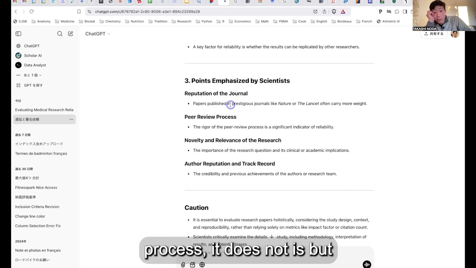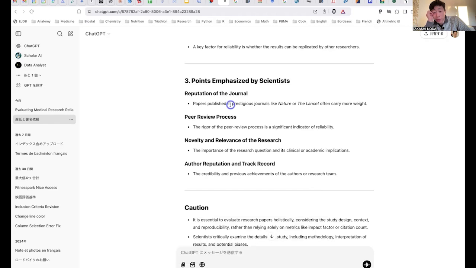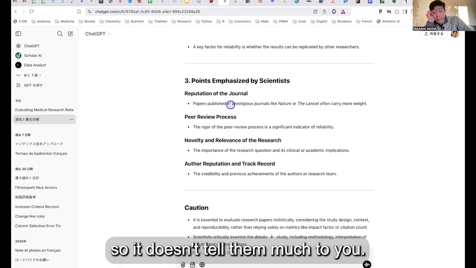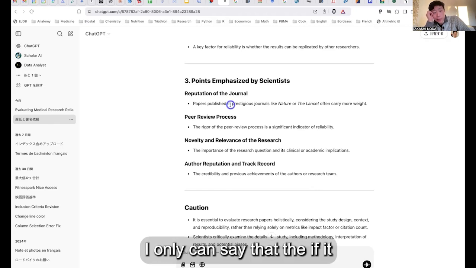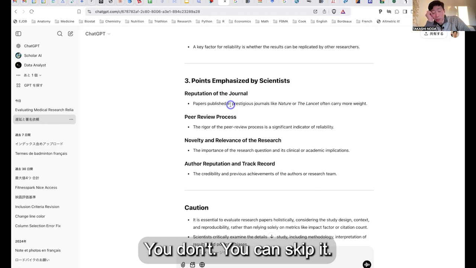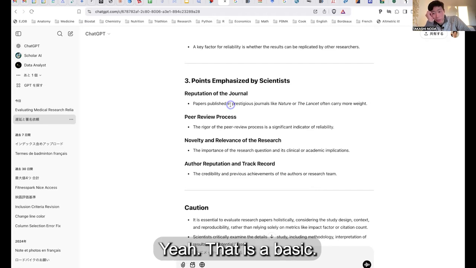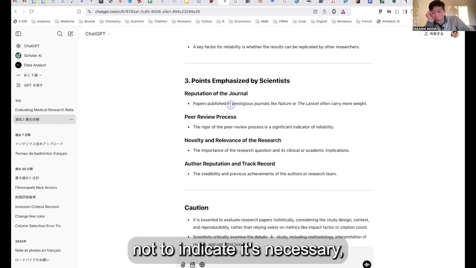It does matter, but almost all good journals have a peer review system, so it doesn't tell you much. I can only say that if a journal is not peer reviewed, it's meaningless. You can skip it. That is basic. Peer review is necessary, not an indicator.